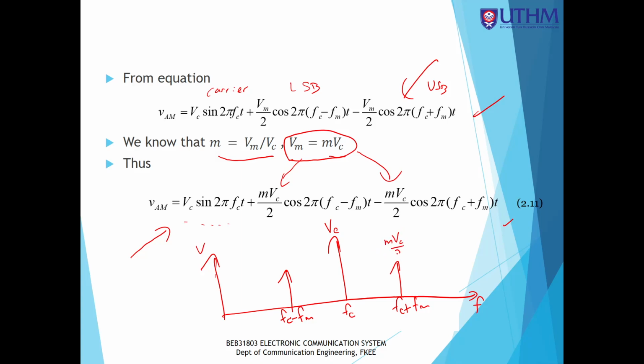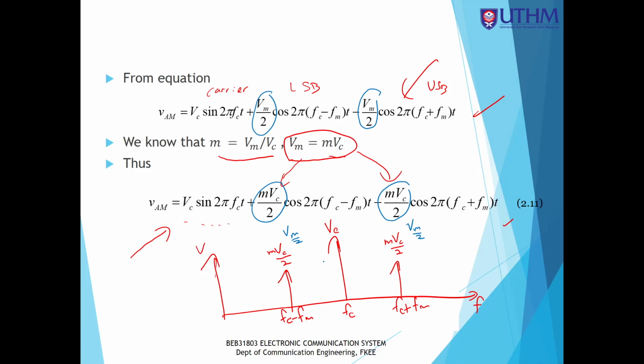Or you can write this as VM over 2. Either MVC over 2 or VM over 2, both are correct.